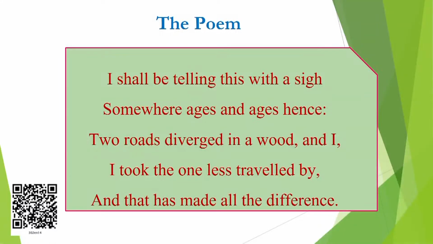Now moving on to the fourth stanza of the poem. I shall be telling this with a sigh, somewhere ages and ages hence, two roads diverged in a wood, and I took the one less travelled by, and that has made all the difference. So the fourth stanza goes like that.